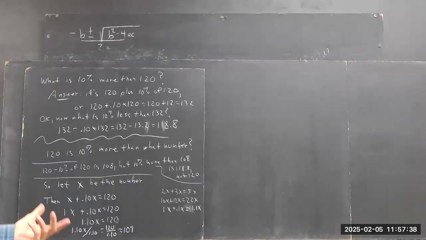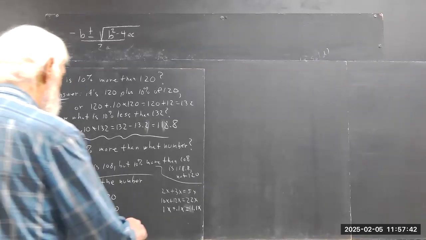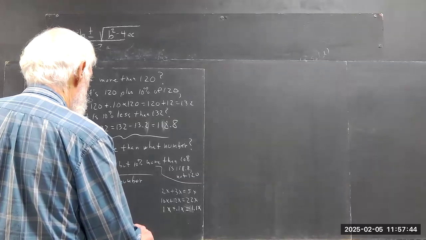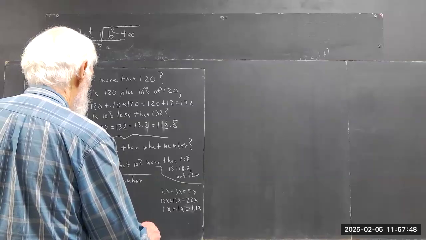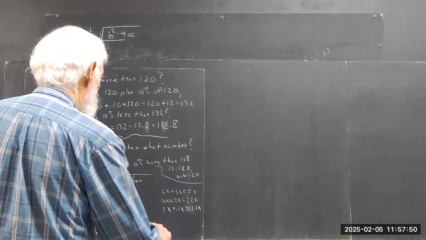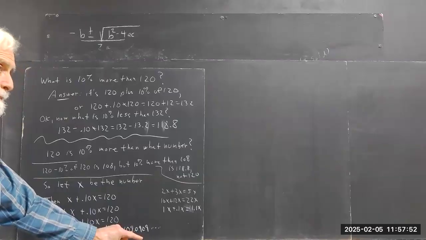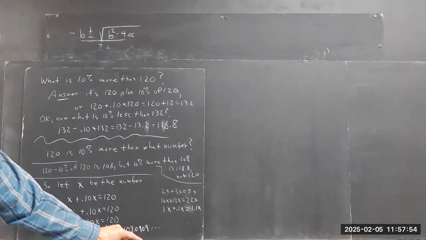Well, you're going to get 109 point a bunch of 0 nines, as many as you want.